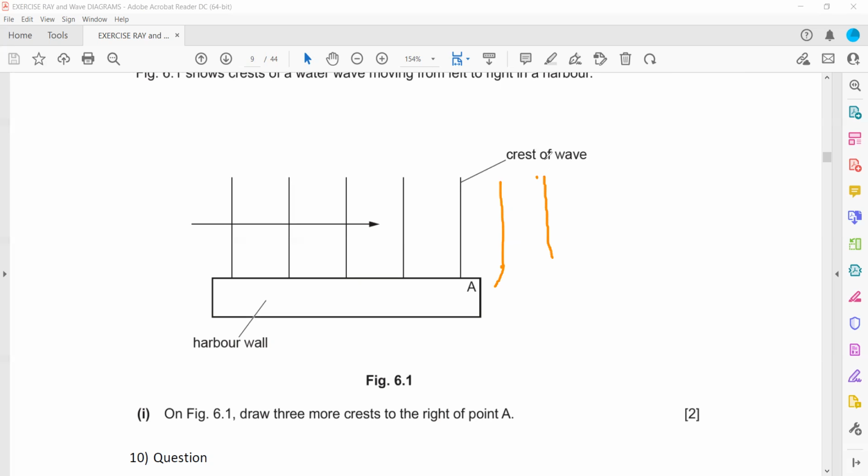And during diffraction, the wavelength does not change. So we have to keep in mind, if this distance is say 1 centimeter or 2 centimeters, we should keep the same distance and draw the wavefronts. Because this is the edge, near the edge the waves spread out, and we call that diffraction.